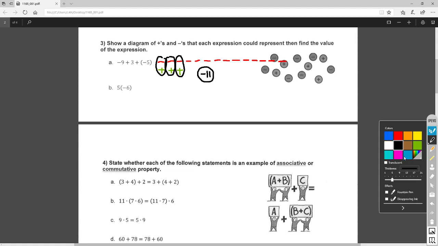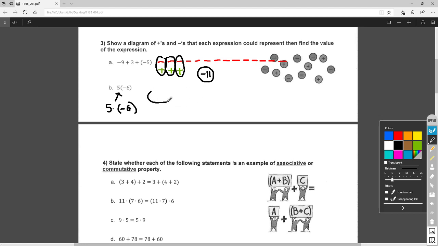Okay? All right, looking at B, we have 5 parentheses negative 6. Remember, this means that you have 5 groups of negative 6. Or what we can look at this as is 5 times negative 6. Okay, so how we can draw this is we can draw 5 groups of negative 6.